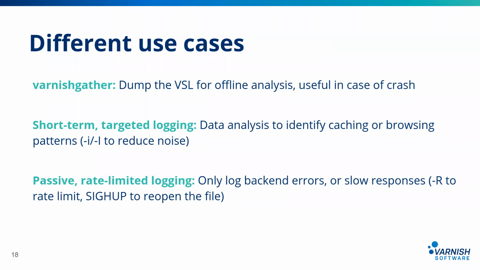And the last one, it's a pretty interesting one. It's not always used, but it's great when it is. We can use the Varnish log as a daemon that is going to log only the faulty requests. So the ones that take too long, or the ones with the bad status, or the ones with a backend error. And we can also rate limit the output.